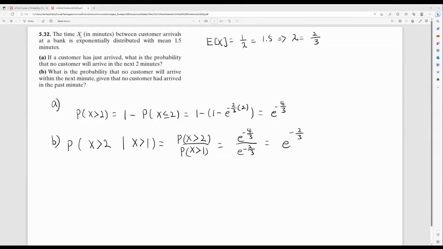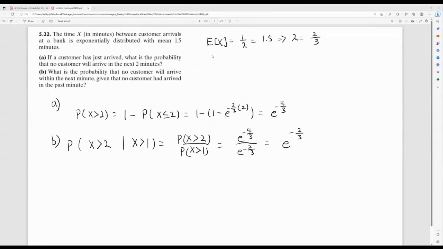Since the random variable x represents the time between arrivals, we interpret x to be the wait time. For part A, we're looking for a wait time of more than 2 minutes, so within 2 minutes nobody comes. So part A is P of x greater than 2.